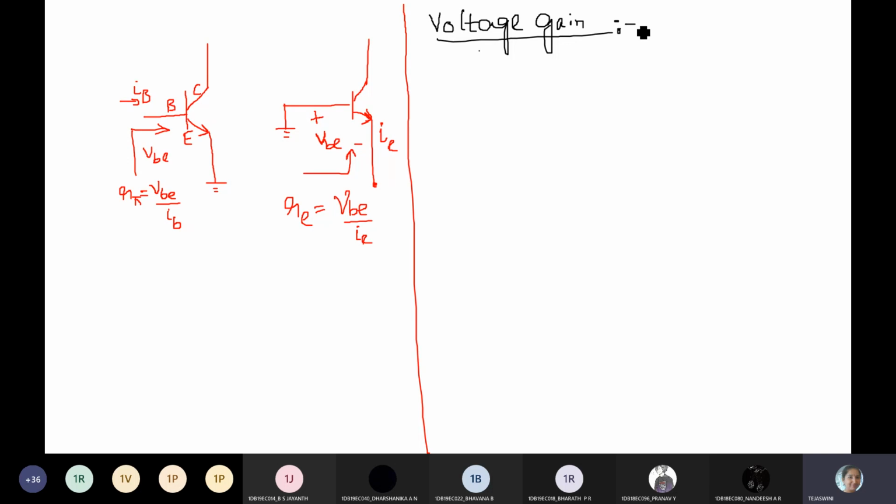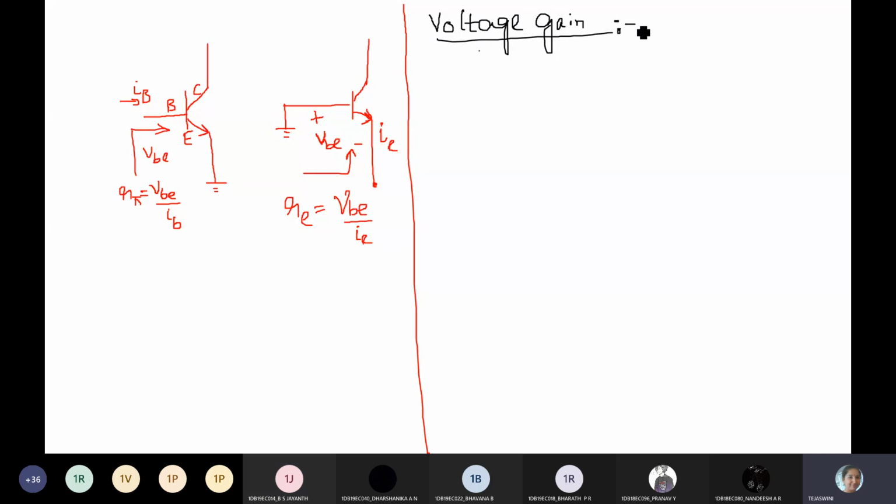So here already I told you while explaining the BJT small signal operation, the BJT will act as an amplifier. Also it acts as a VCCS. What is that VCCS? Voltage controlled current source, ma'am. Yes, good. Voltage controlled current source.